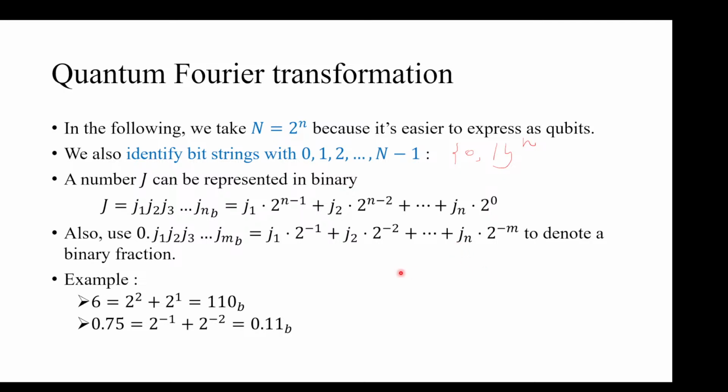We have a typo here, I guess we have jm here, so it should be jn times 2 to the minus n. So for example, if you have 0.11 in binary notation, then it's 2 to the minus 1 plus 2 to the minus 2, and in decimal that's 0.75.